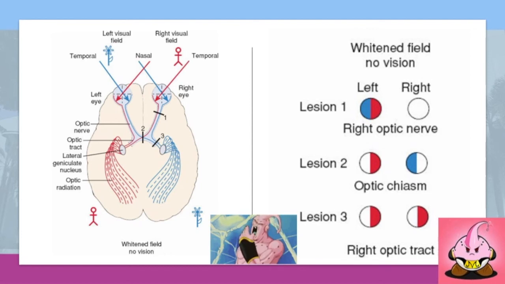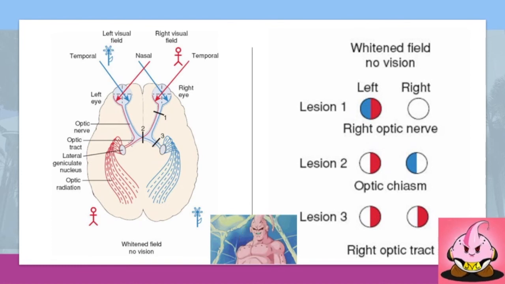For example, if this is your right eye, the part on this side will be your right visual field, and on this side will be your left visual field. On the other hand, for your left eye, this will be your left visual field, and this will be your right visual field. So both eyes have left and right visual fields. Again, the red lines are your right visual field, and the blue lines are your left visual field.